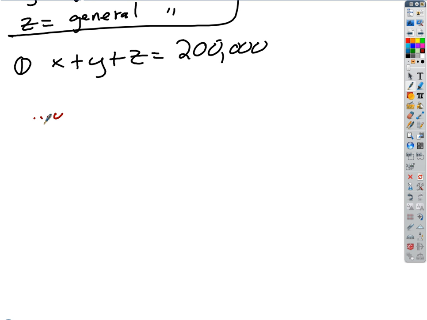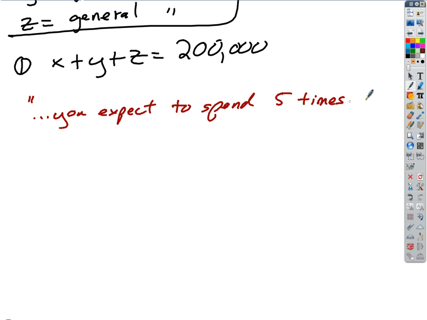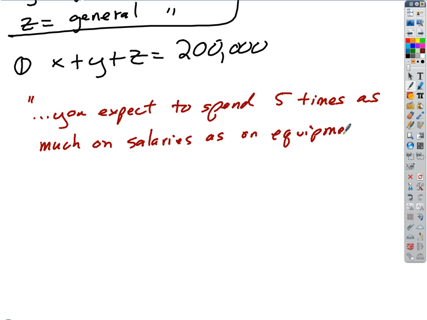You expect to spend 5 times as much on salaries as on equipment maintenance. Okay? So we've got to turn that into an equation.